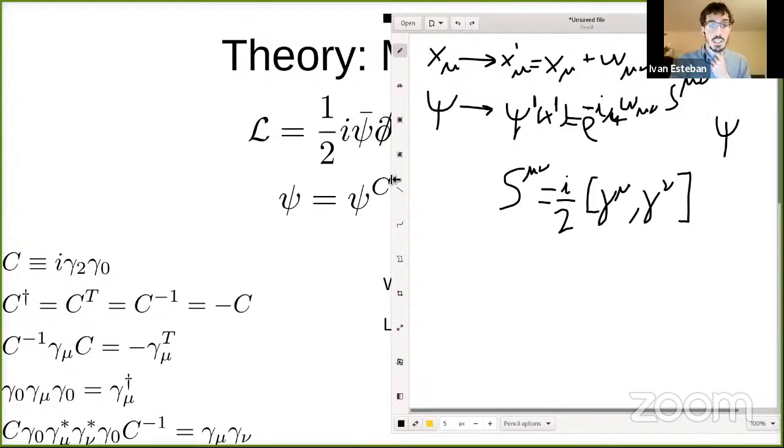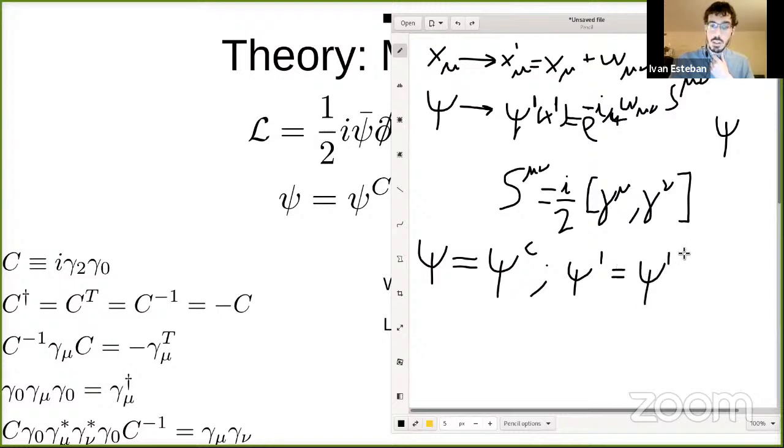So how do we check that this condition is Lorentz invariant? Well, it's quite simple. We assume that psi is equal to its charge conjugate, and we want to check if the Lorentz transformed field is also equal to its charge conjugate.